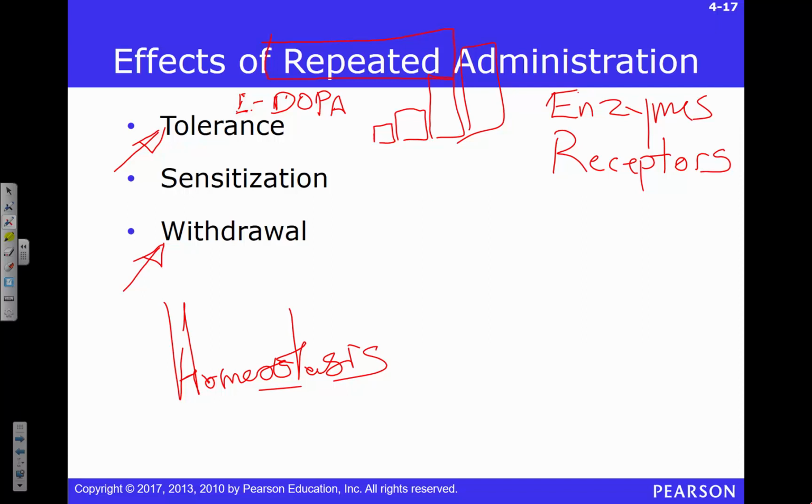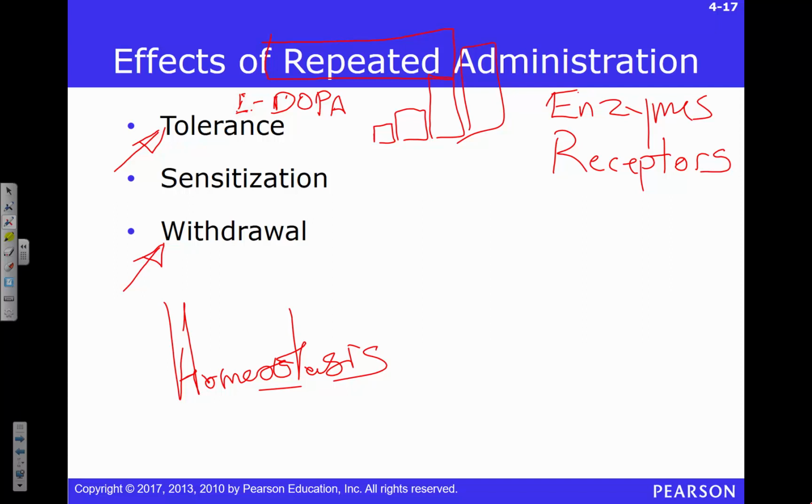Anytime I get above that or below that, I'm going to do some corrective mechanism internally to try to come back to that baseline level, right? The problem is if you're taking something like cocaine, you're fighting against that, right? You're trying to override that baseline level of dopamine activity. You're trying to jack it up really high so you get that good feeling all the time, right? So you have that kind of awesome, I feel great.